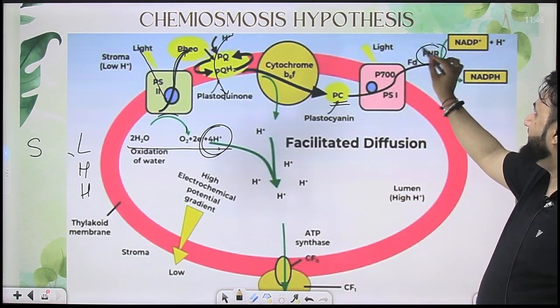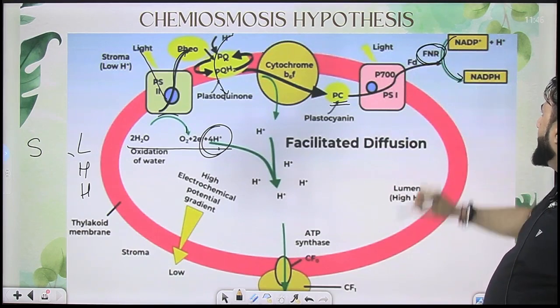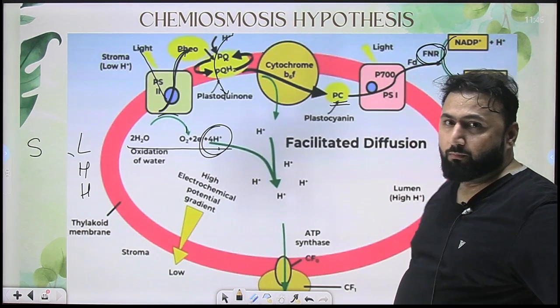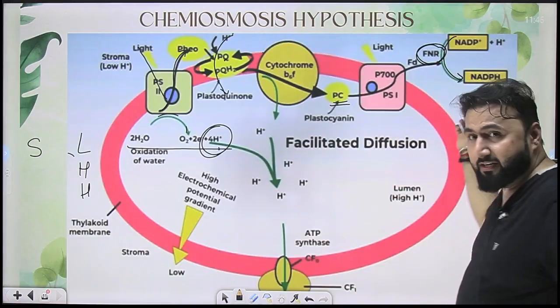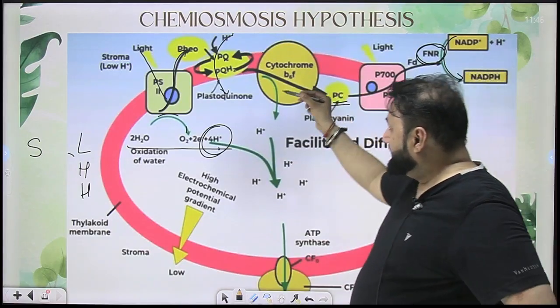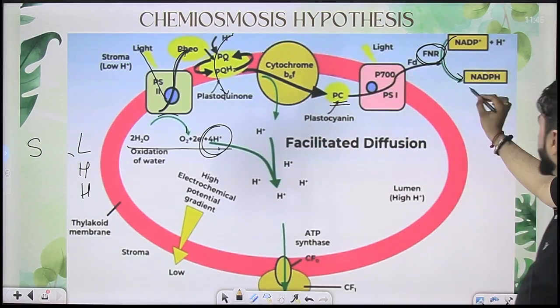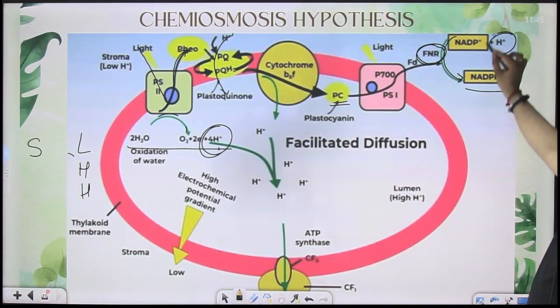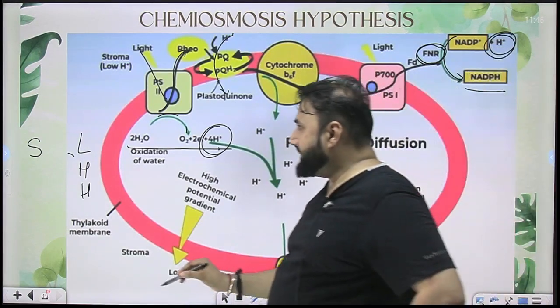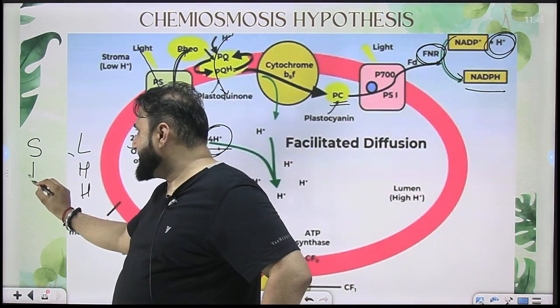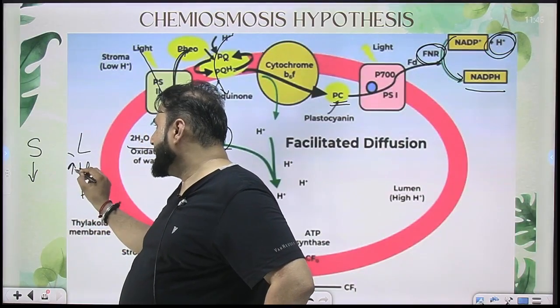This is an enzyme responsible for forming the NADPH2 molecule, which is also a form of energy. To form NADPH, FNR is using H plus ions. So again H plus ions are decreasing in stroma and increasing in lumen.